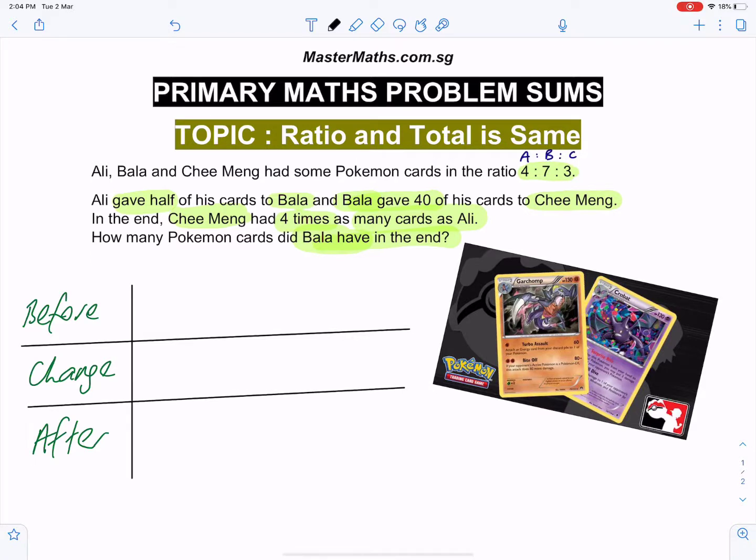And then we just put the 3 people: Ali, Bala, Chi Ming. Let's write it down properly.